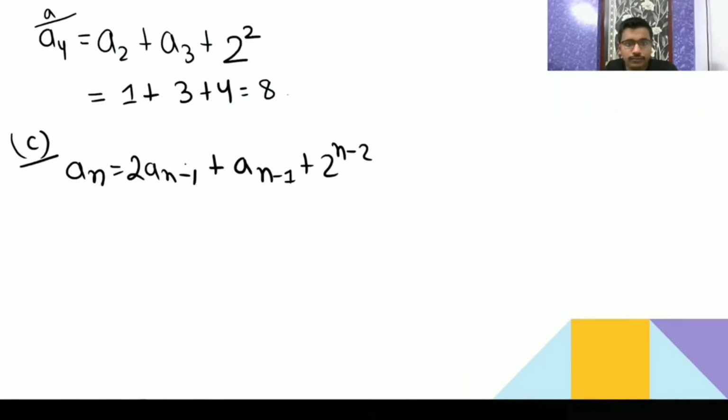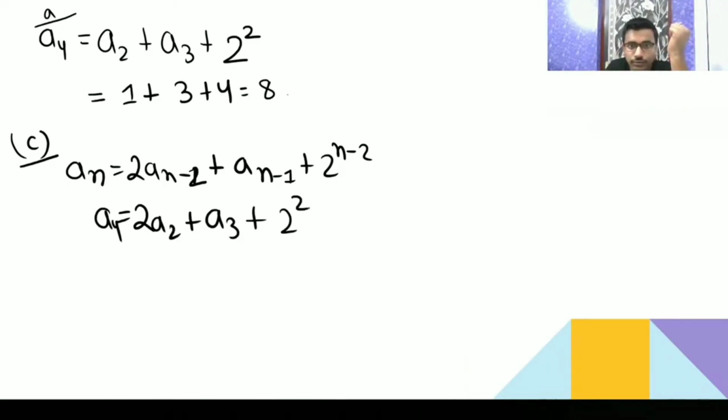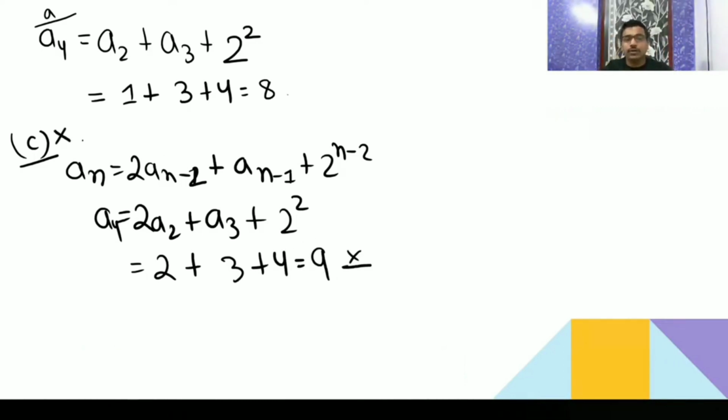So 2 into a2 plus a3 plus 4. a2 is 1 and a3 is 3, plus 4. So you are getting 9. That's why it is incorrect. So we got only A as the correct one.